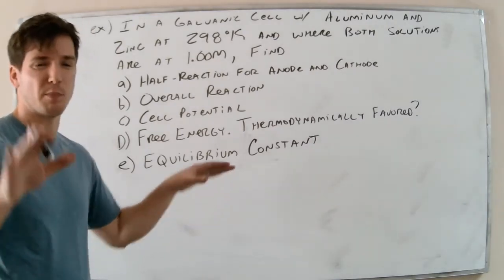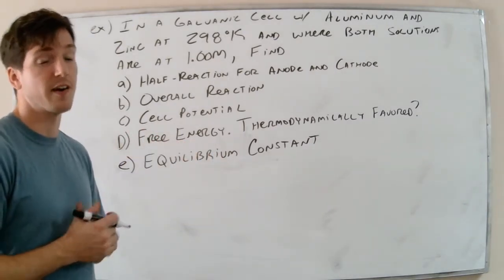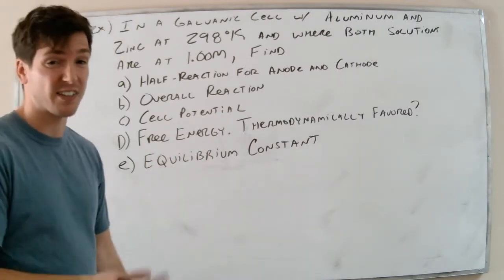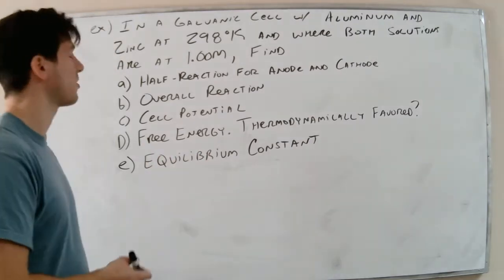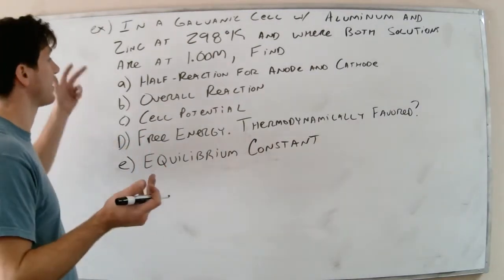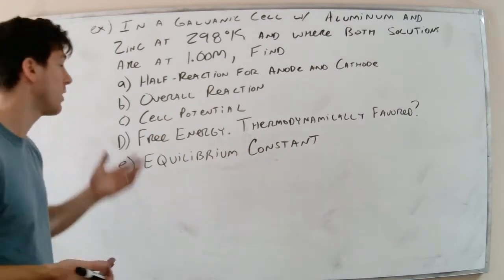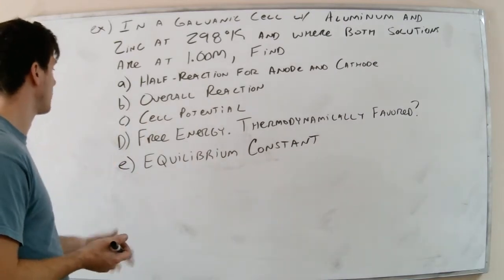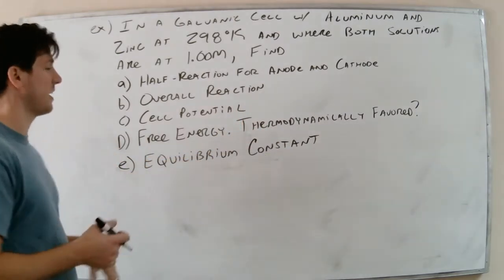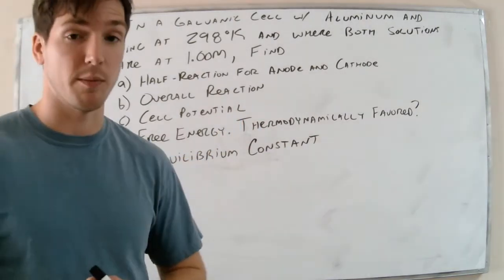That just means in the beaker, those two liquid solutions are both at the same concentrations. If they're at different concentrations, that could affect the flow of electrons, and we'll talk about that another time. But what I want you to do from this information is find the half reaction for the anode and the cathode, the overall reaction, the cell potential, the free energy, whether it's thermodynamically favored or not, and let's find the equilibrium constant.